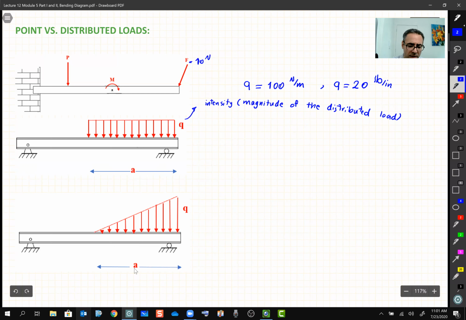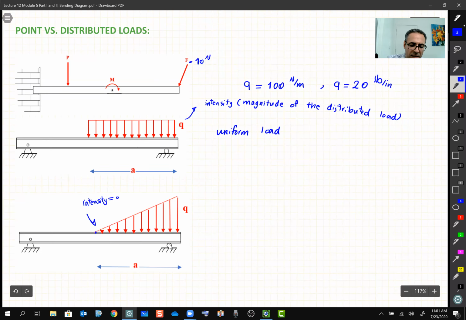The second one is like this one again, it has a name, we call it a uniform distribution, because it has been distributed uniformly. But the other one, you see, the distribution at the beginning, the intensity is 0.